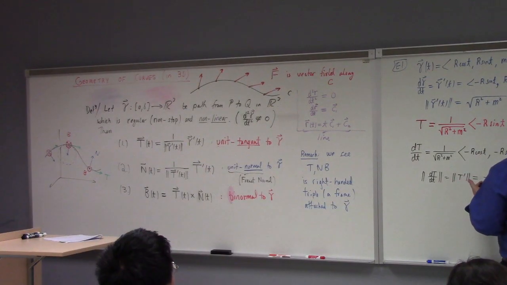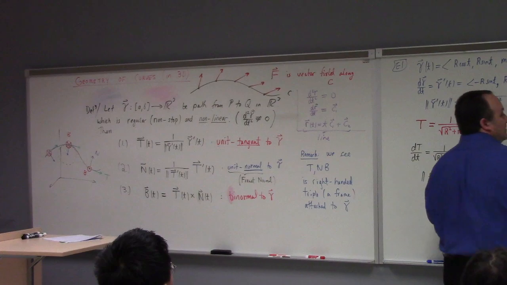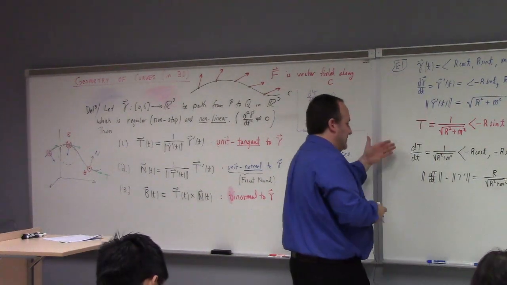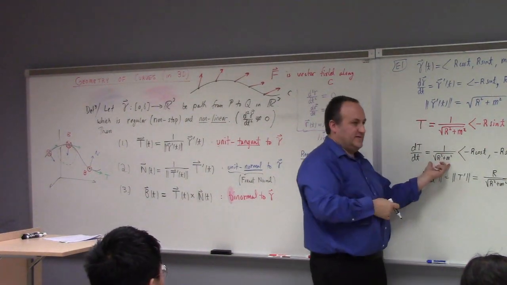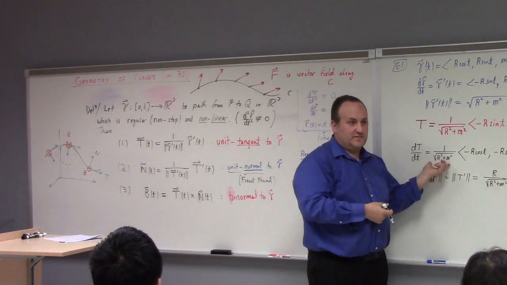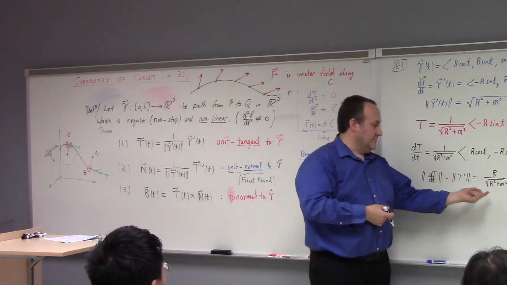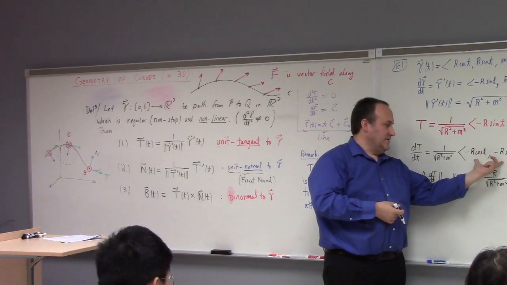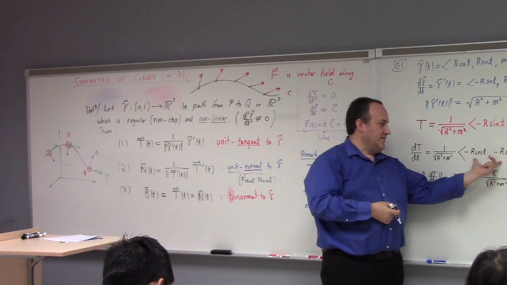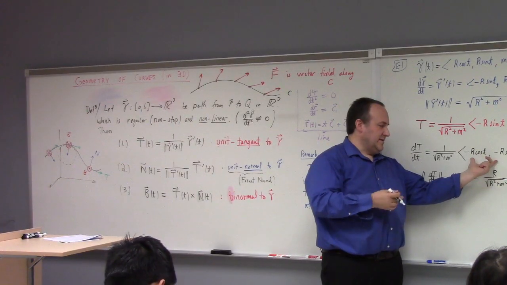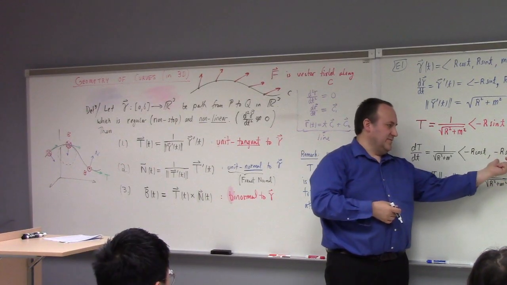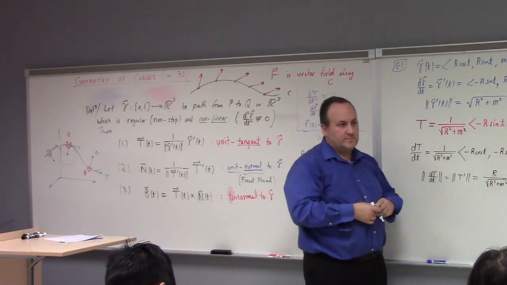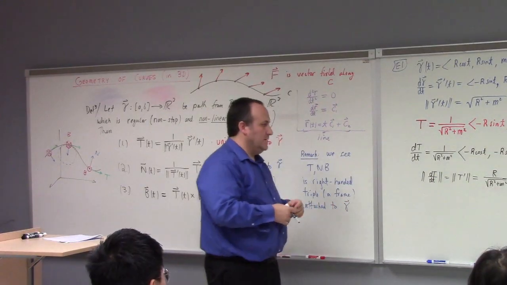This is a property of vector length. That's what I'm using in this calculation. It's just that the constant's positive, so the absolute value is kind of irrelevant. So I've got 1 over the constant times the length of this vector, but that's clearly a vector of length r, because when you calculate the square root of r cosine t squared plus r sine t squared, you get r. We have to use square root.